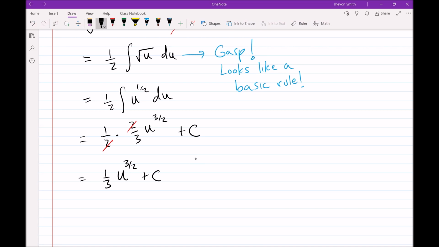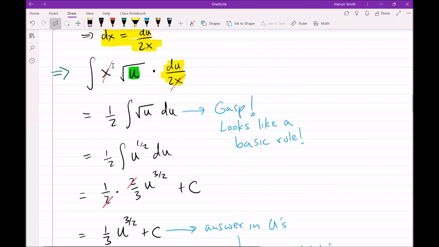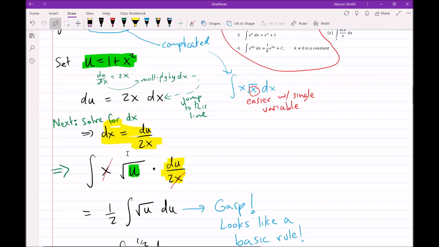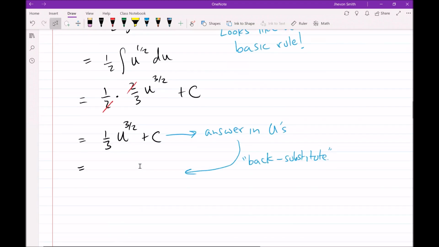Now notice that this is the answer in u's. So what you would do now is what's called back substitute to get the answer in x. Originally my u was 1 plus x squared, so I'm just going to replace that u with 1 plus x squared.